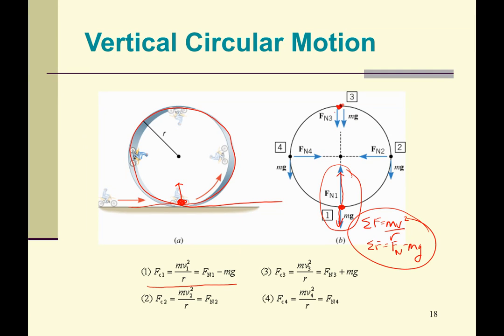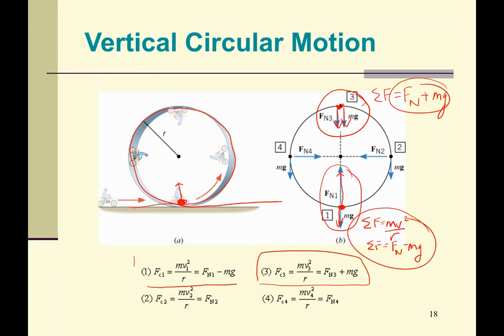So because of that, we end up having our normal force pushing down, and then we have our mass times gravity, or our weight, pushing down. So our sum of forces there are equal to our normal force plus our mass times gravity, and all of that is equal to our centripetal force. So you can see that right here. So point number 1 and point number 3 are super important to remember.